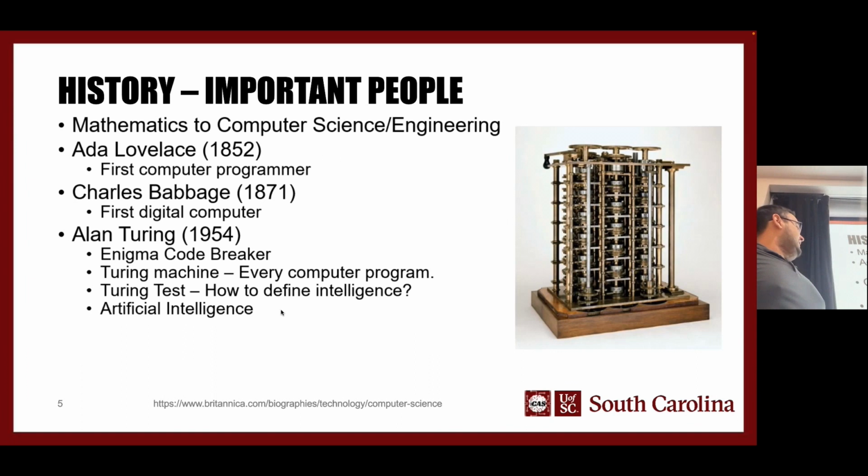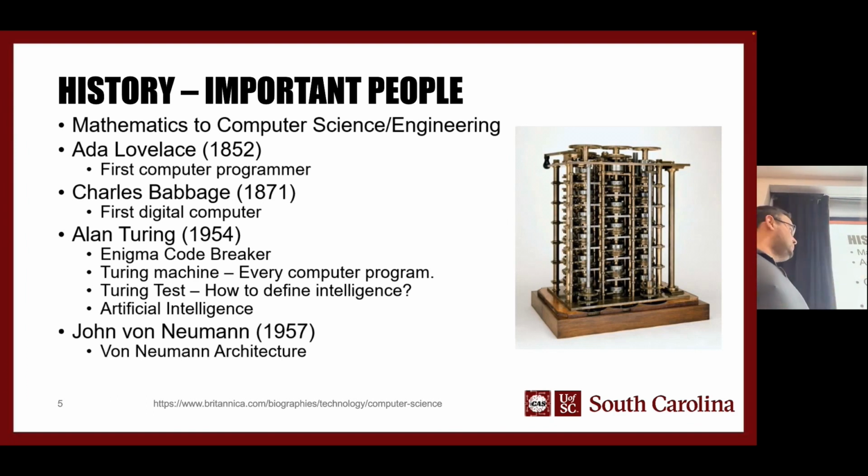And he also was kind of the founder of AI to some extent. He was the first to come up with the Turing test, how to know if something is sentient or not, and kind of coming up with something that would actually solve problems in a more clever manner.